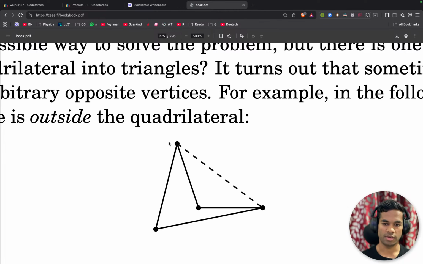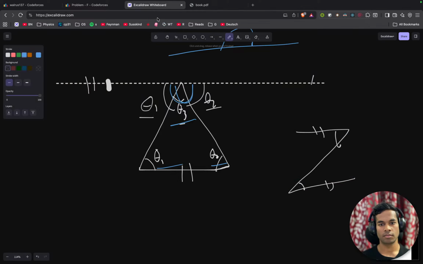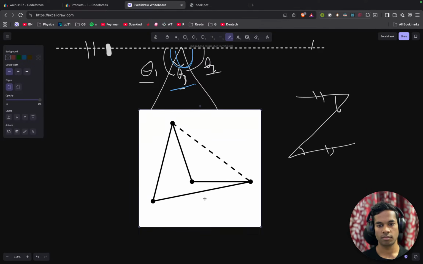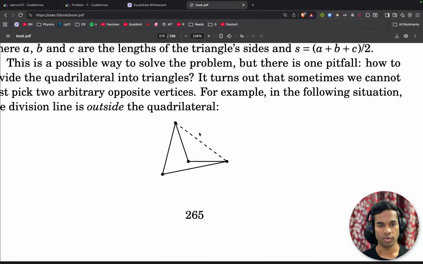Here, the right triangles to make would be this one and this one. These two. But how do we know that? We can see it by looking at the picture, but the computer doesn't know that.